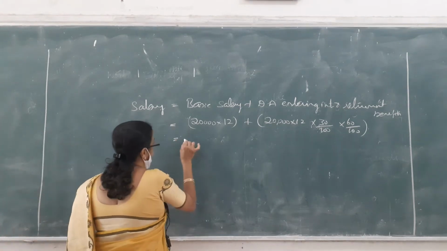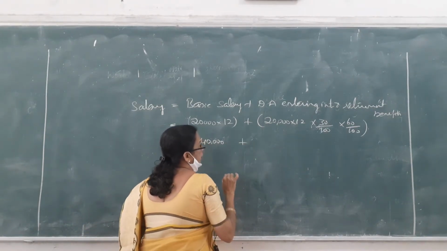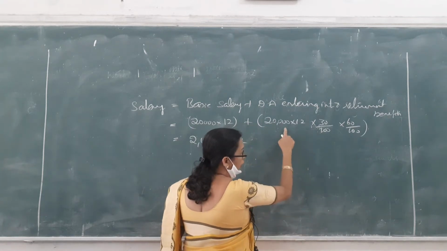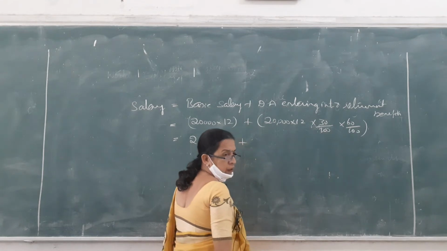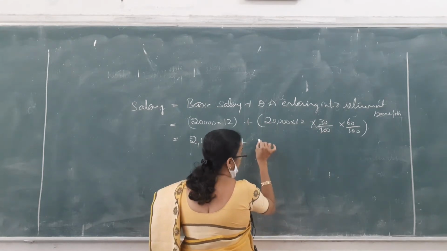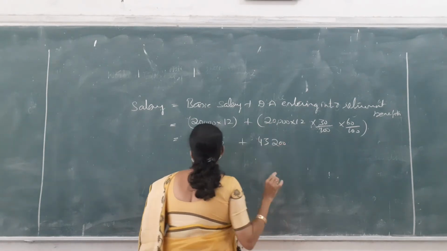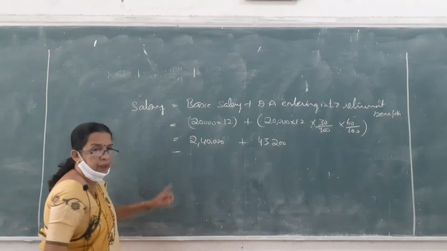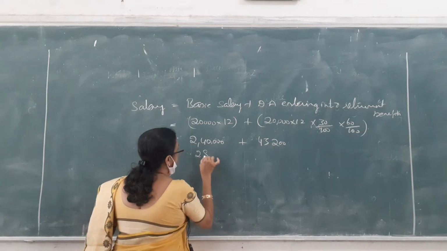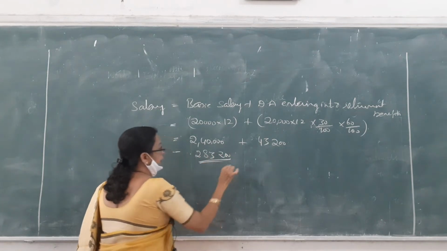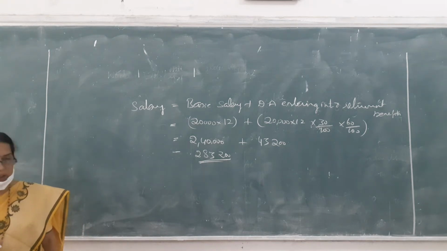Is equal to 2,40,000 plus, what is this amount? 2,40,000 into 30% into 60%, that is 43,200. So for the purpose of calculation of HRA, here salary means 2,83,200.